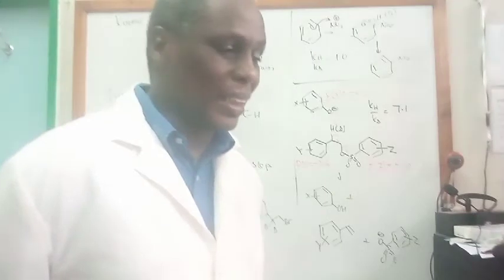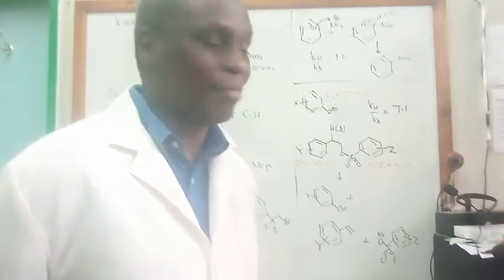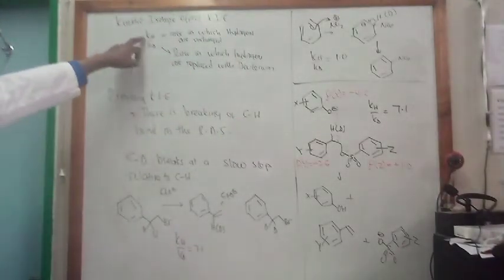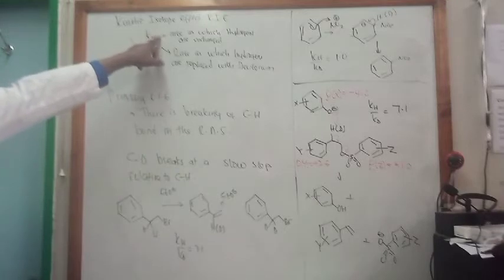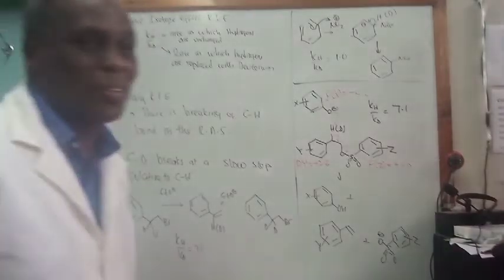So in this case, the rate for the carbon hydrogen bond is much greater than the rate at which you've got deuterium.